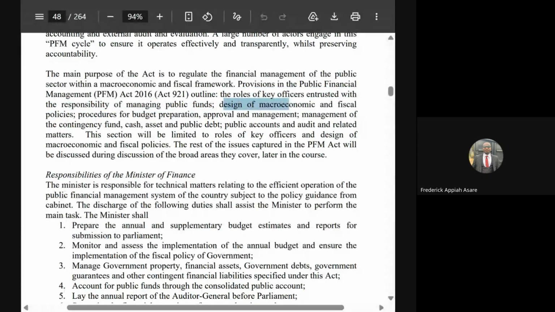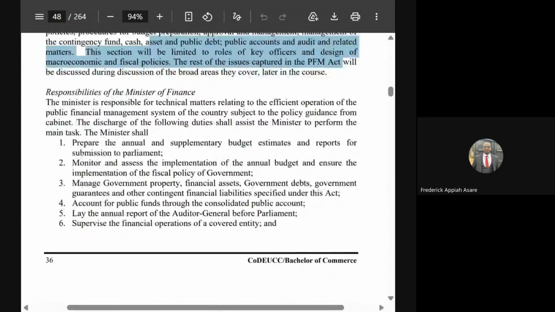They cover the design of macroeconomic and fiscal policies, procedures for budget preparation, approval and management of the contingency fund, cash, assets, and public funds.